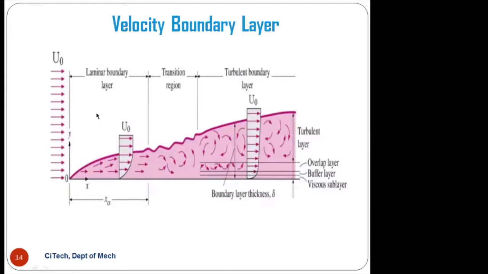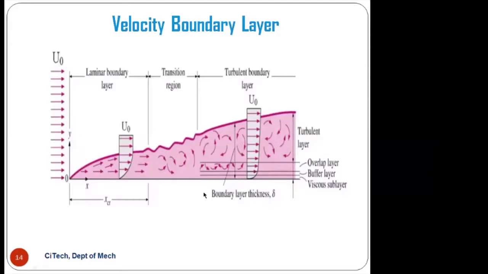Suppose we take the example of a pipe, where the velocity is maximum at the middle of the pipe. From the middle of the pipe to the inner surface, we consider that the velocity boundary layer.